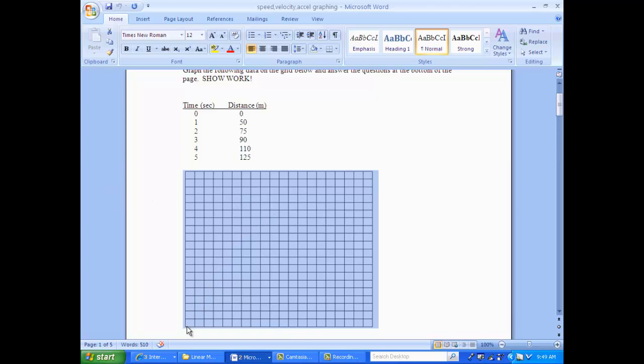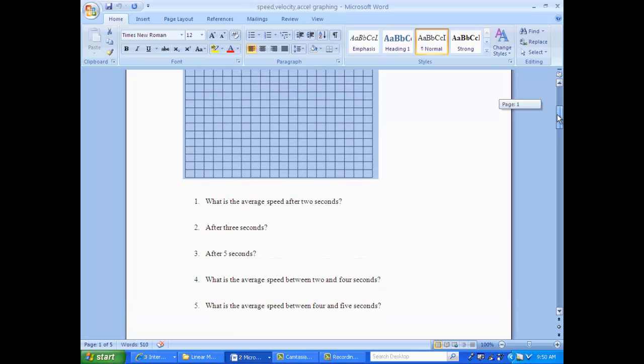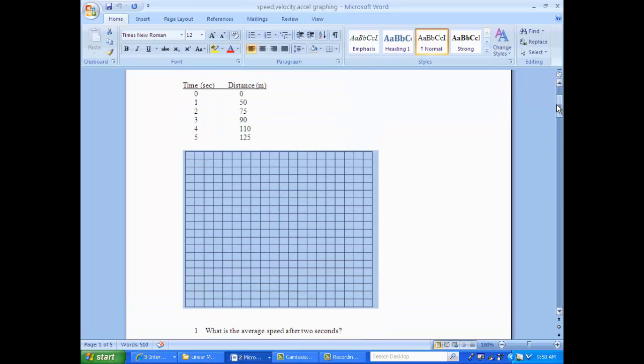So if we are looking at what is the average speed after 2 seconds? Well, we could have done this a few ways. Based on that trend line, you could have simply done rise over run. How many did you go up? How many did you go over to get to 2 seconds? That could give it to you. Or you could use your data points here, which I would find easier. So we know that your rise on your graph is what?